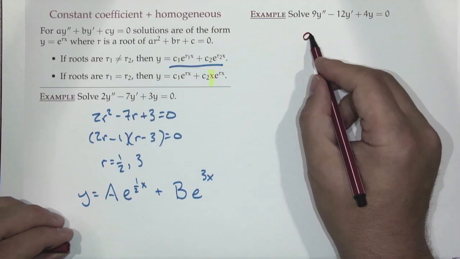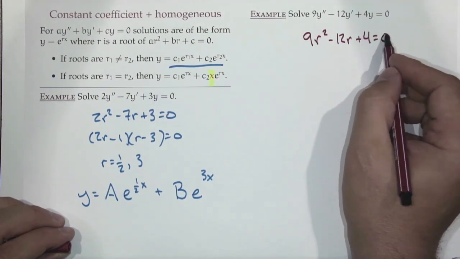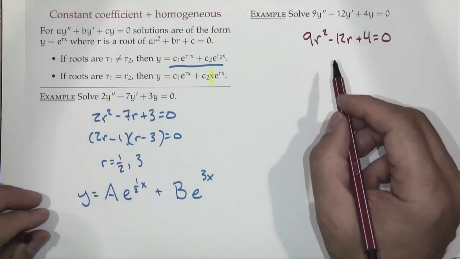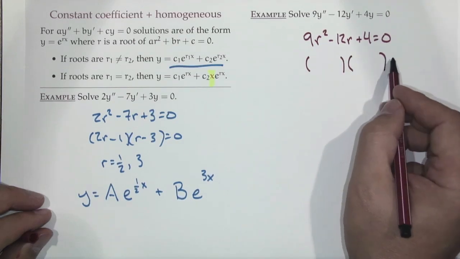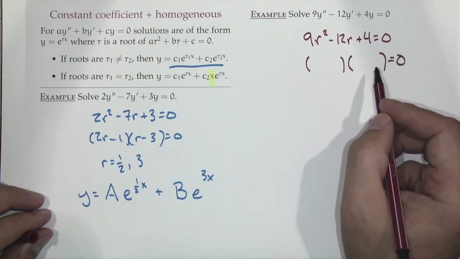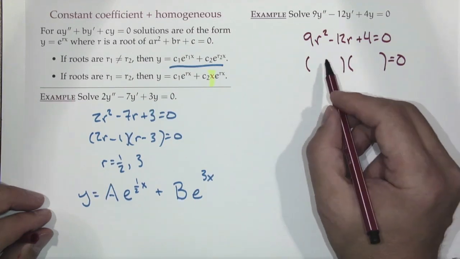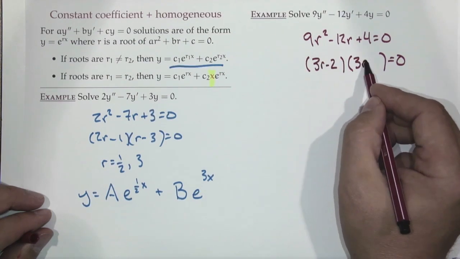So, 9r squared minus 12r plus 4 equals 0. Does this factor? I wrote it like it does factor. 3r minus 2, 3r minus 2.